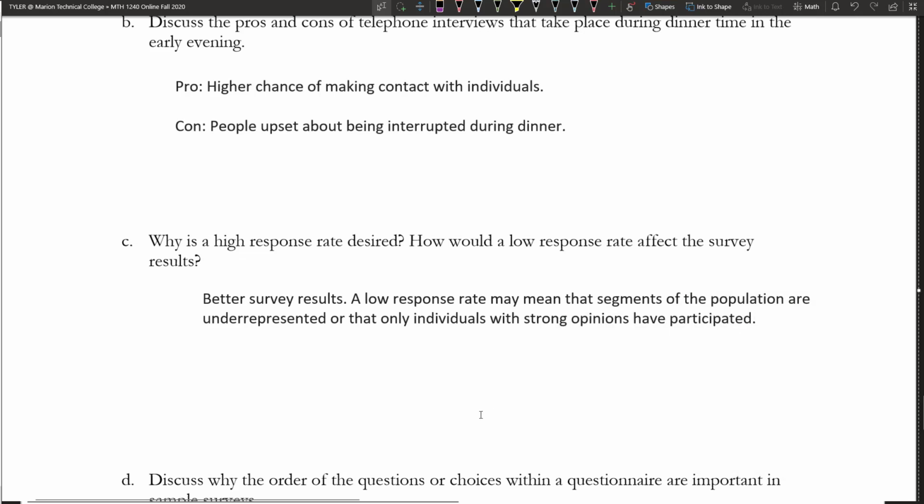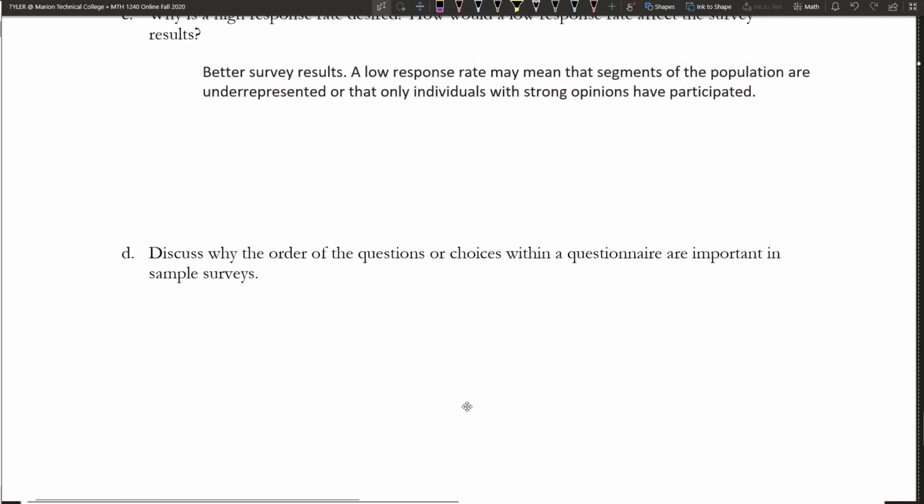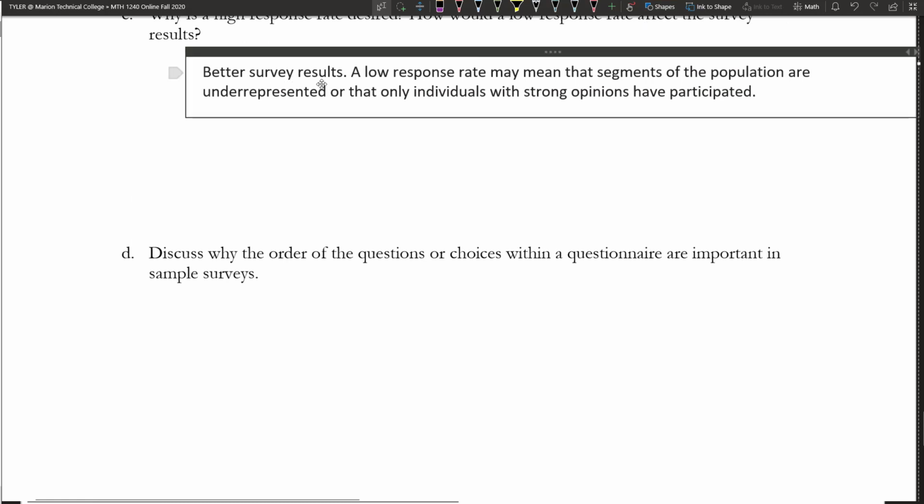Right, so that's always a concern if you have low responses. It might indicate that only people that have really strong opinions, like for or against, responded. You don't have a lot of that middle ground. Right, so those are all things to consider. And also we might have some underrepresentation going on, right?